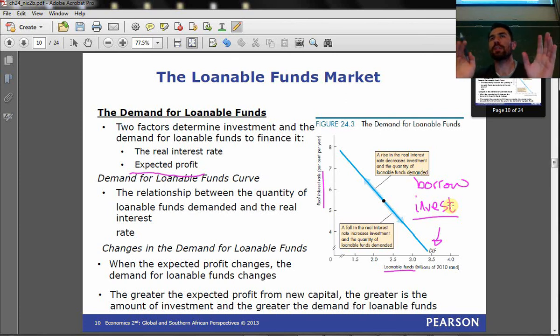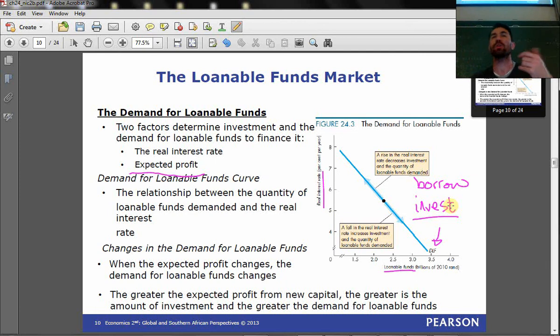Remember the concept of diminishing marginal returns, right? The more projects I invest in, the less the expected return from those projects. So the more I intend to invest, the less the expected profits I'm going to be making from these investments.